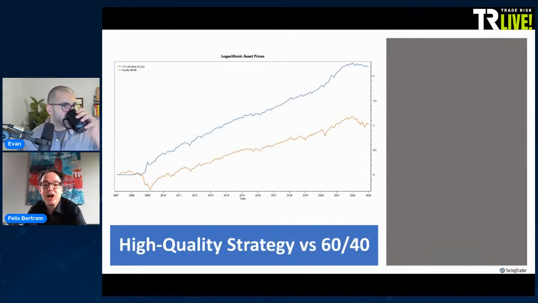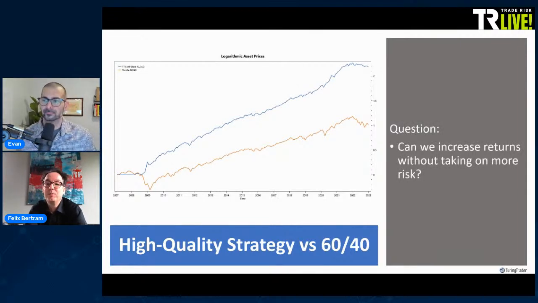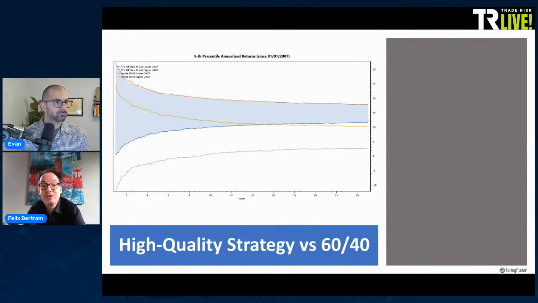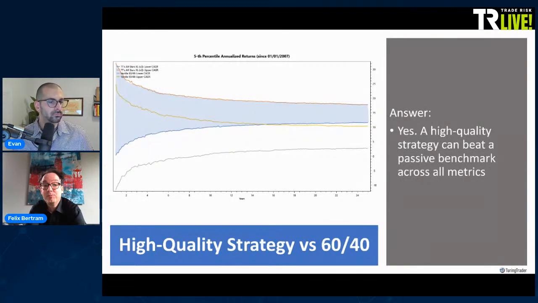And now let's have a look at a high quality strategy versus the 60-40, what would the result be here? And mainly the question is, is it possible to increase returns without taking on more risk? And again, these charts tell you a very clear story. And the answer is yes, you can improve pretty much all metrics versus the benchmark. And we can see that here. We've got a faster break even.